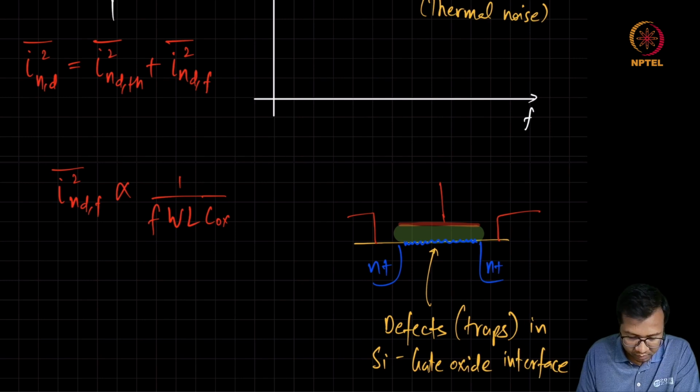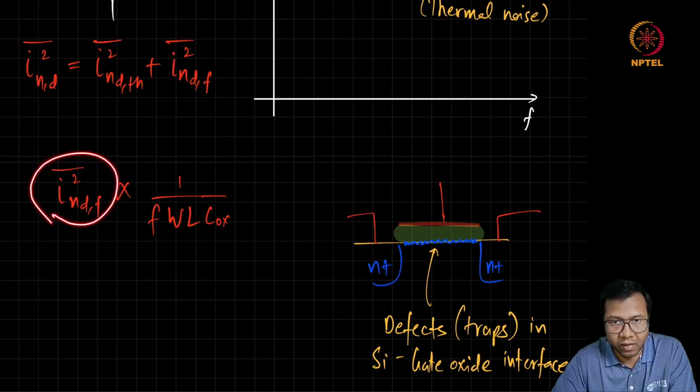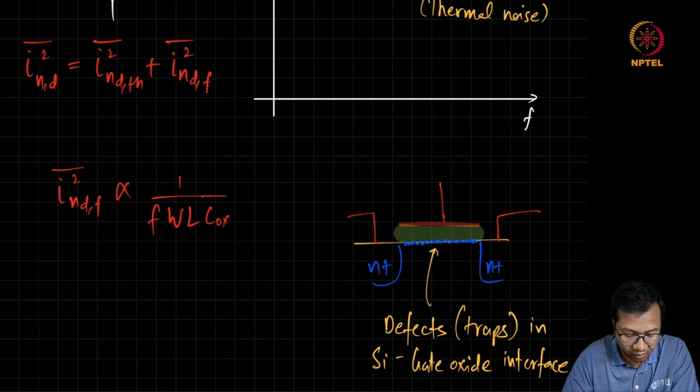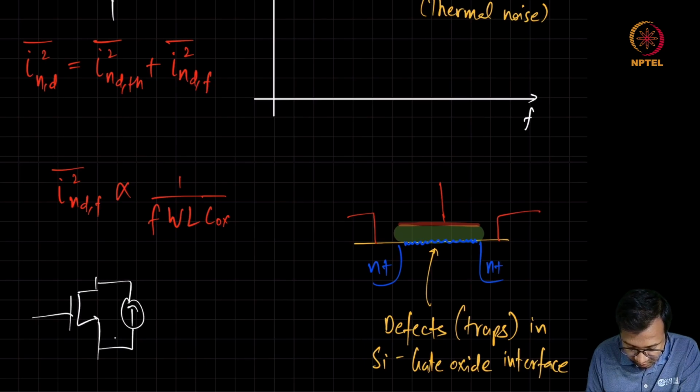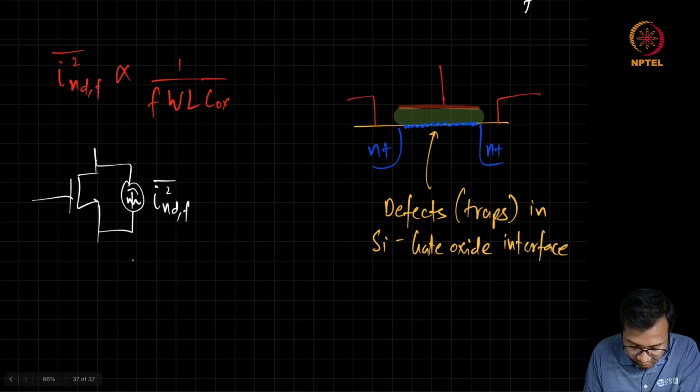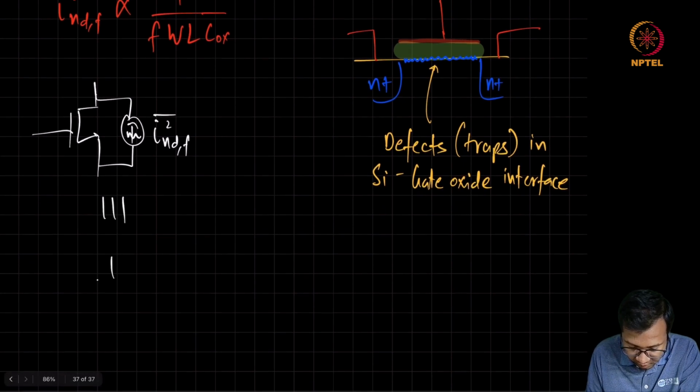Turns out that if we refer this noise current towards the gate of the MOSFET, for example, this flicker noise, I can model as a separate noise PSD. This is also possible to be modeled as an equivalent gate voltage.